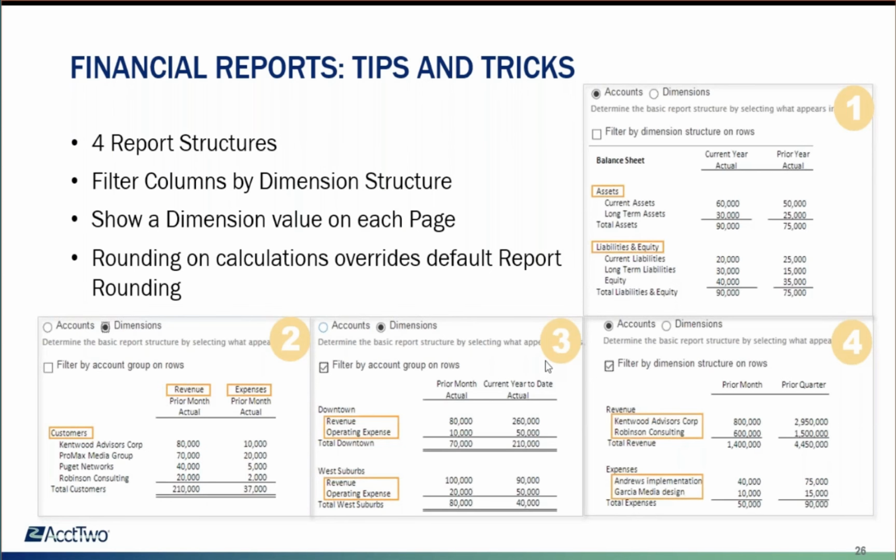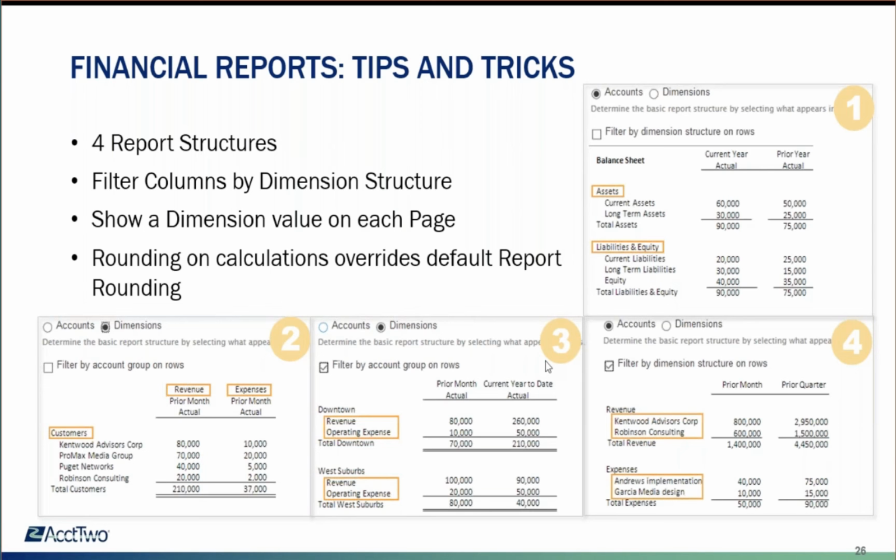So in this example here, for the downtown location, we're seeing a P&L based on revenue and expenses. And then for the west suburbs location, we're seeing a P&L again. And then on the columns, it's typically going to be time periods, or maybe actual versus budget, or maybe expanded by a dimension.